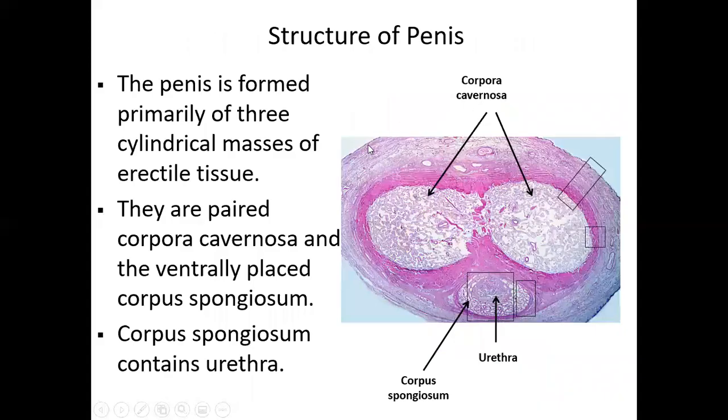The penis is formed primarily by three cylindrical masses of erectile tissue: the paired corpora cavernosa, dorsally placed, and the corpus spongiosum, ventrally placed. This is the ventral part, this is the dorsal part. The corpus spongiosum contains the urethra.